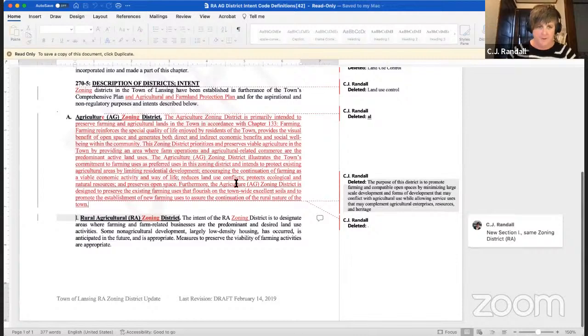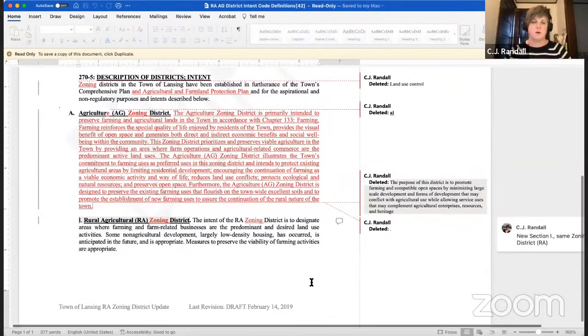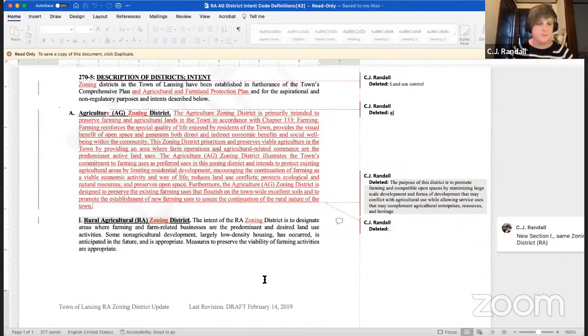In any event, whatever you recommend, we're certainly happy to include that. So these are the two districts here, and I don't know how well you can see them on your screen, but I'll give a moment to look at it. However Al wants to run this discussion, I defer to him, but I'm looking to generate lots of discussion and ideas about the way you think this should unfold.